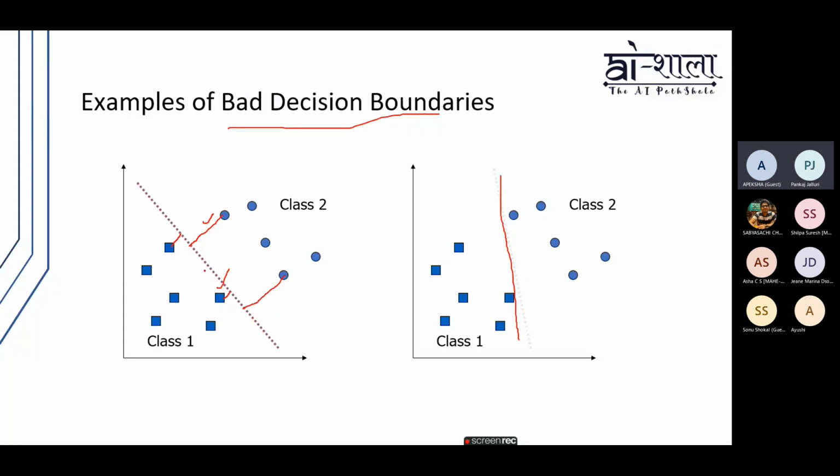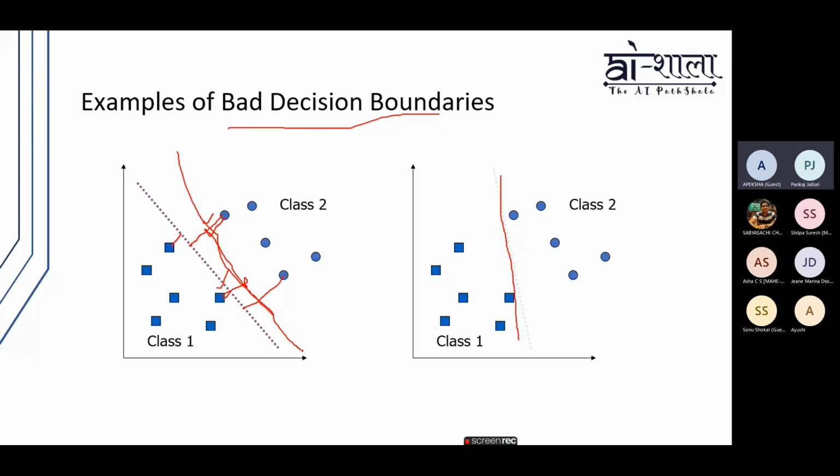And what we want to do is, out of all the minimum distances, we want to maximize the distance from both the classes. Okay, so we want to increase this distance and we want to increase this distance. So we want to find the optimal classifier that maximizes the margin from both the classes.